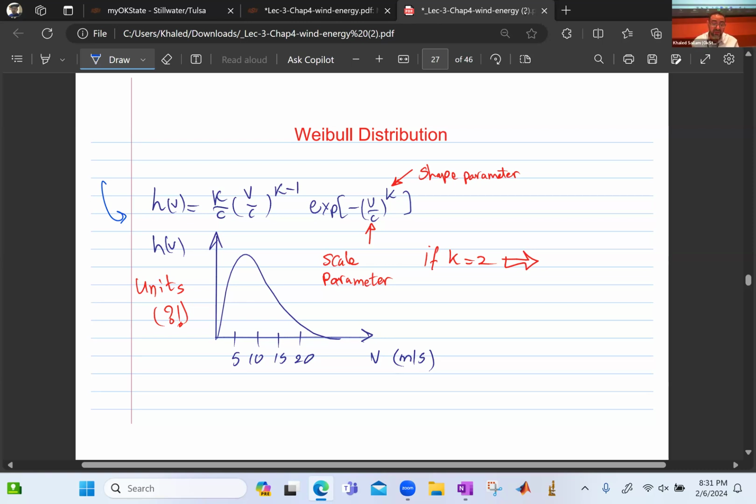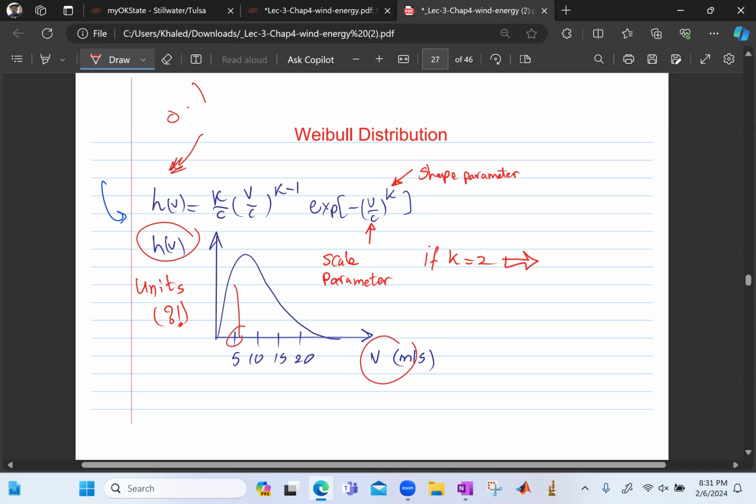So this curve has x-axis, that is the velocity, right? And the y-axis is describing the probability of that velocity. So when for example, this becomes like 0.1, that means 10% probability of having that velocity.